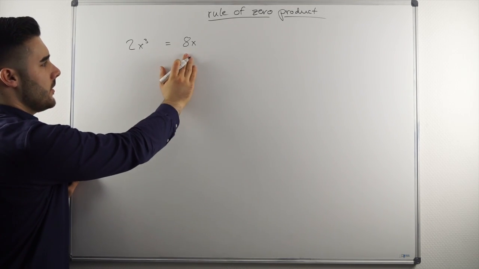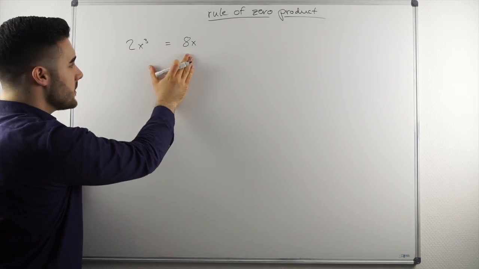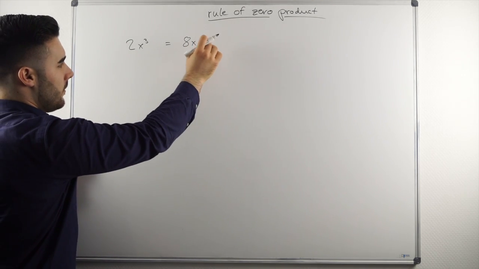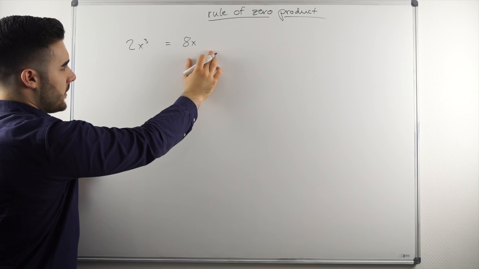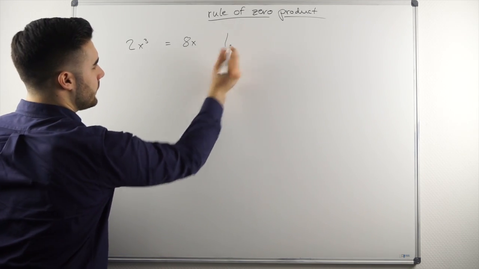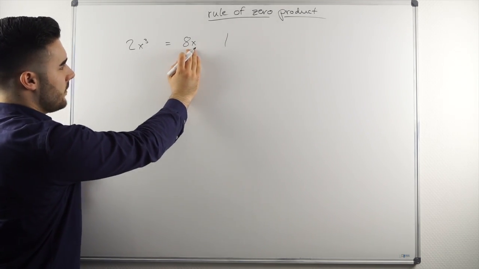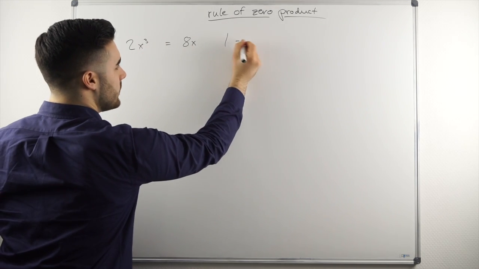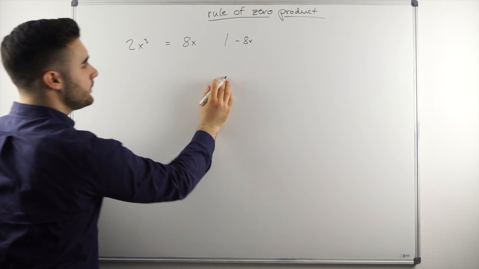So first of all, how are we approaching this? What we have here is a very simple equation, and the very first step is this 8x, we are moving it onto the left side, so that means minus 8x.